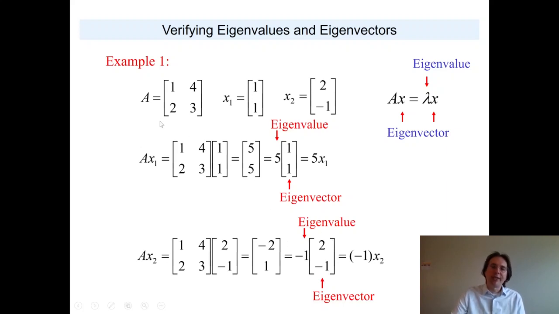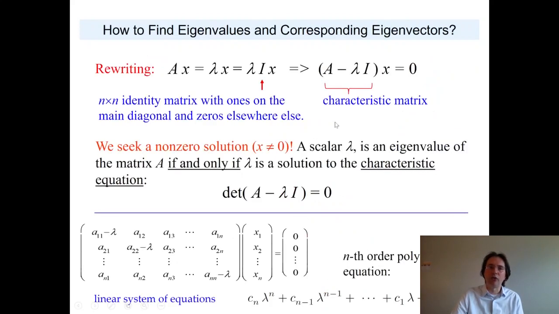Good. So notice then for this matrix, the eigenvectors were known, but in general, we would need to find both eigenvectors and eigenvalues. So let's see how to do this in practice.